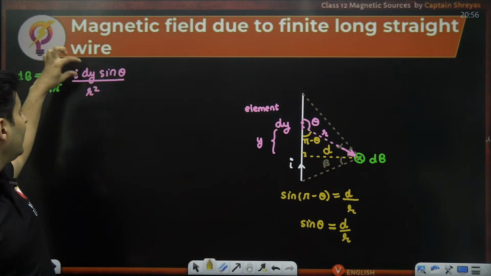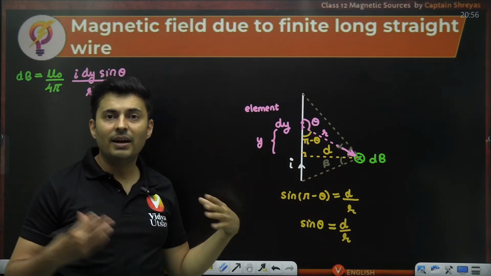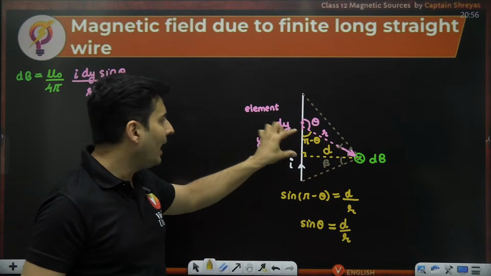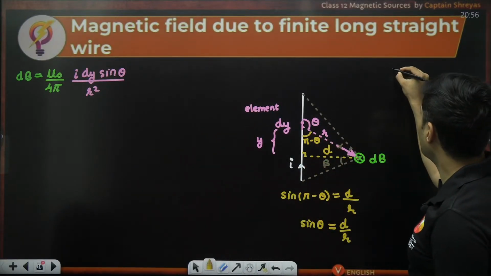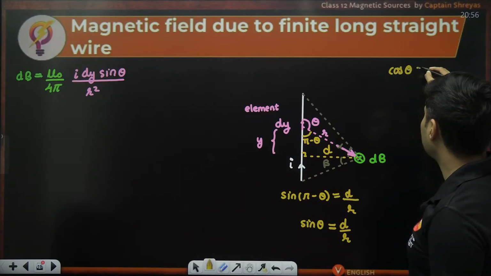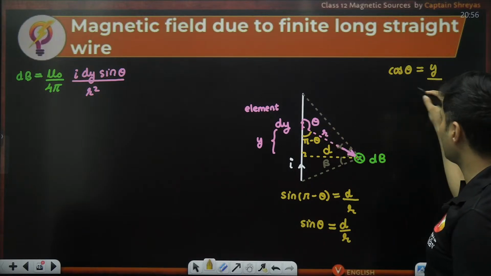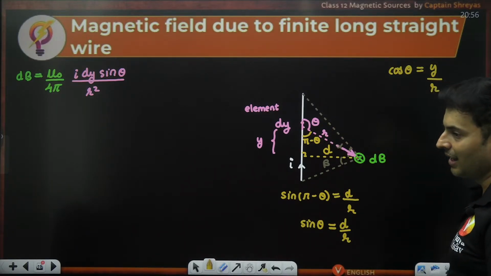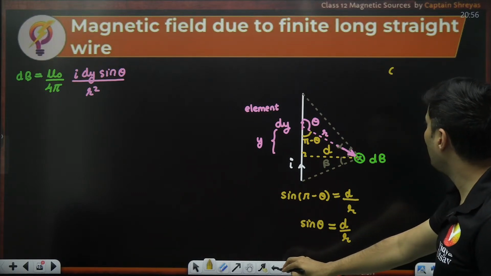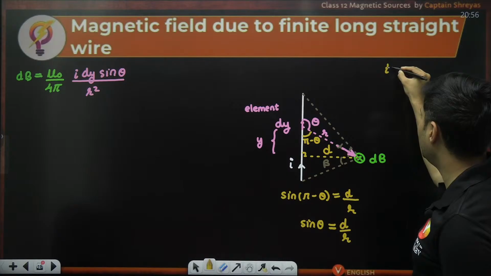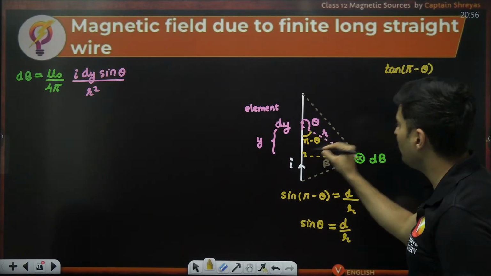Next is converting dy, because I can't integrate dy. I have to convert dy into d theta. So write y in terms of theta. How do I write that? Observe carefully. Cos of theta is adjacent side, which is y, divided by the hypotenuse, which is basically r. That is one way of writing. Or we can also write tan of pi minus theta, which is opposite side by adjacent side.